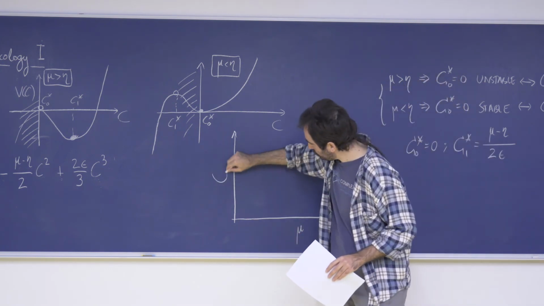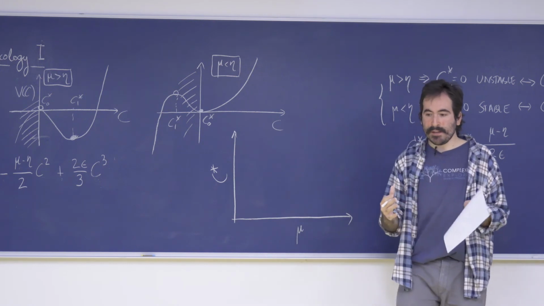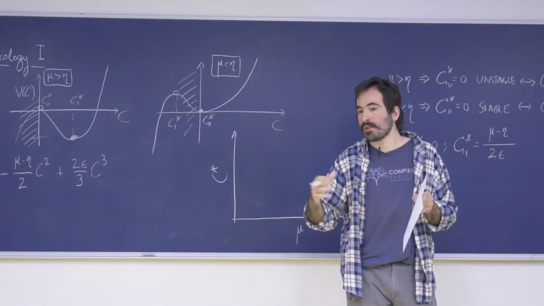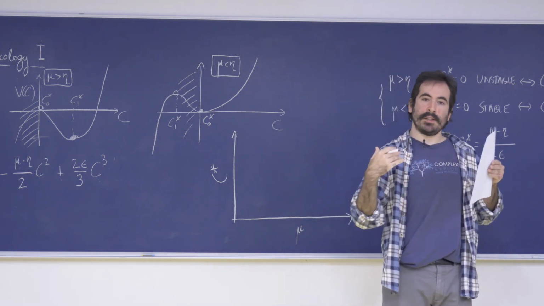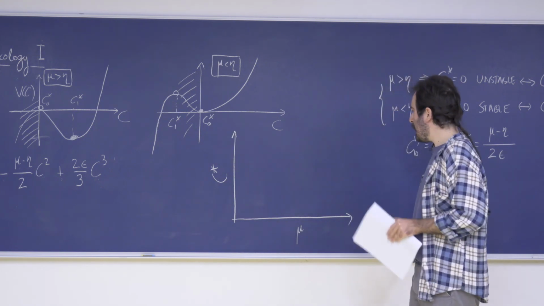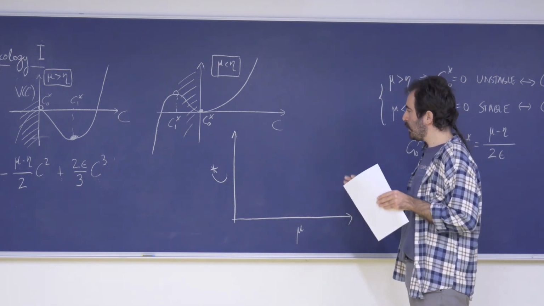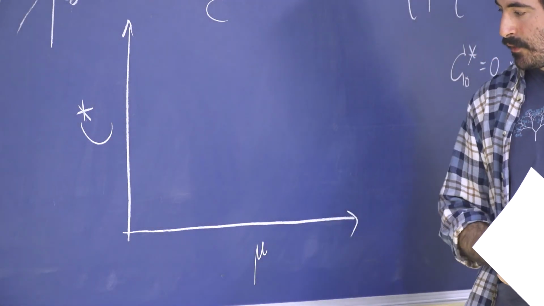On the other hand, our variable of interest here is the total number of cancer cells at long times, or if you want, the stationary, or better still, the stable state of the total number of cancer cells. Okay, and now what we want to draw here is the stable state for each of the two regimes that we shall encounter.